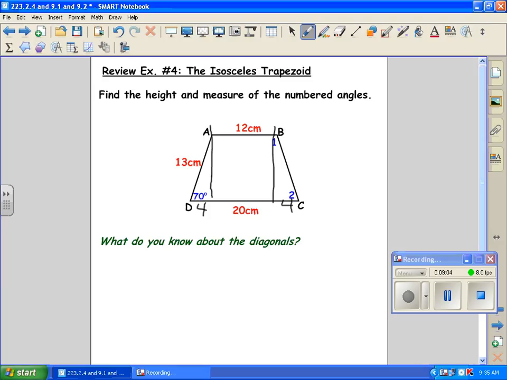And I don't know. Does that say 20 minus 12?